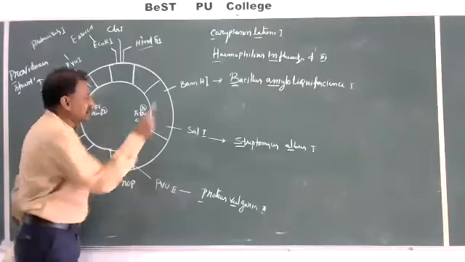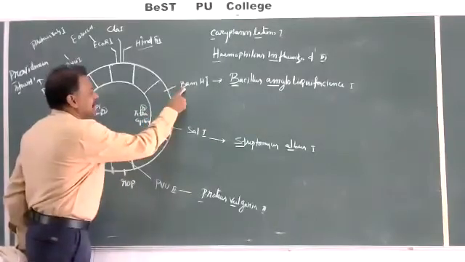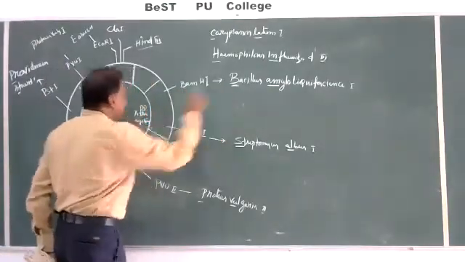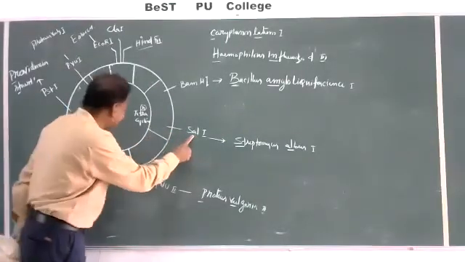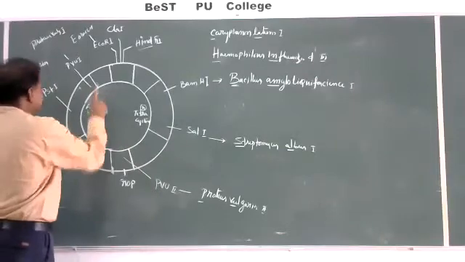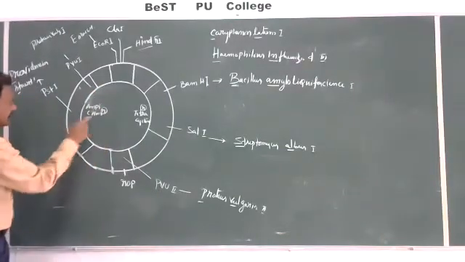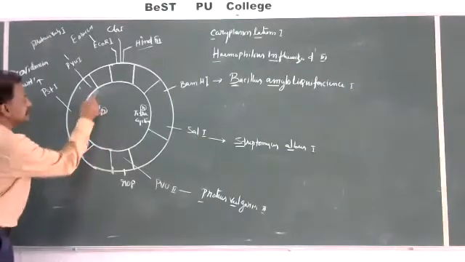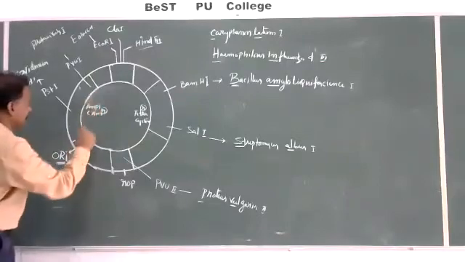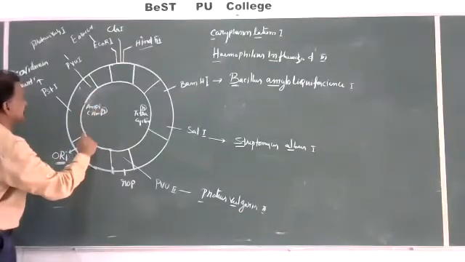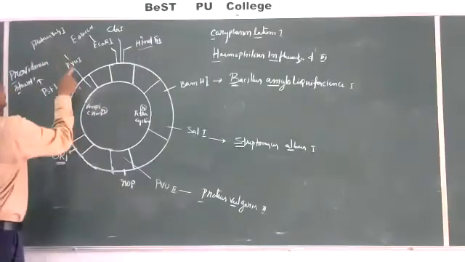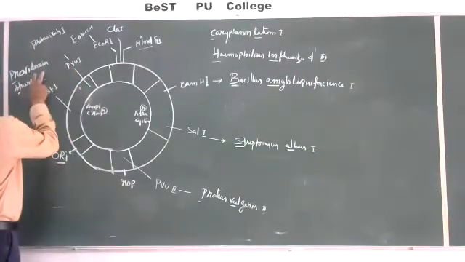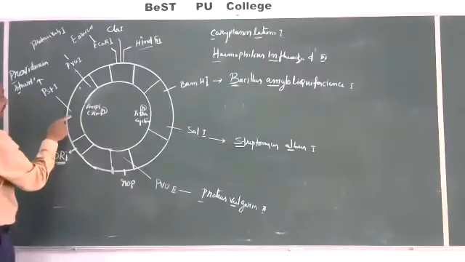There are two different sites: one site is for the BamHI enzyme, another site is for the SalI enzyme. Like that, just above the RE site, the ampicillin resistant gene is present, from here to here. It has different sites: Proteus vulgaris one site, Providentia stewarti another site.